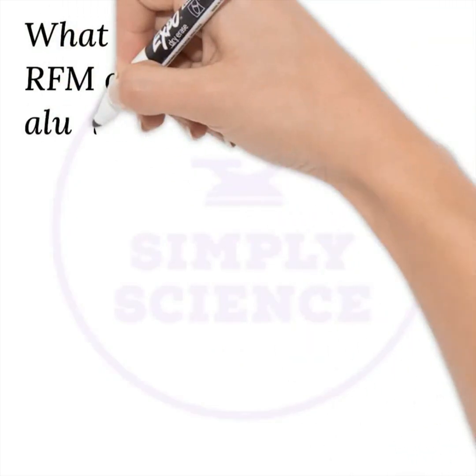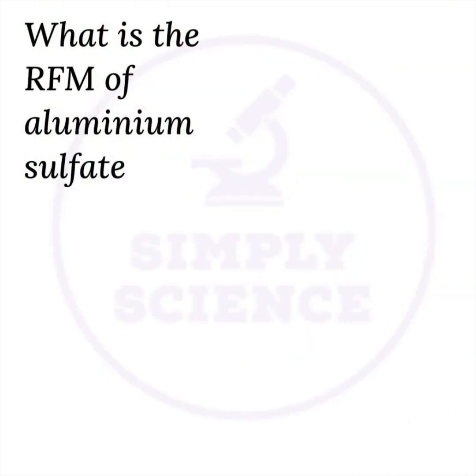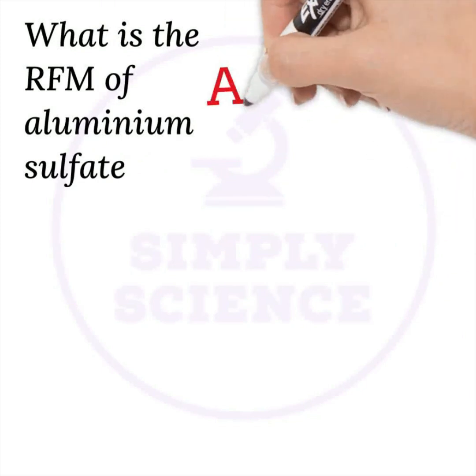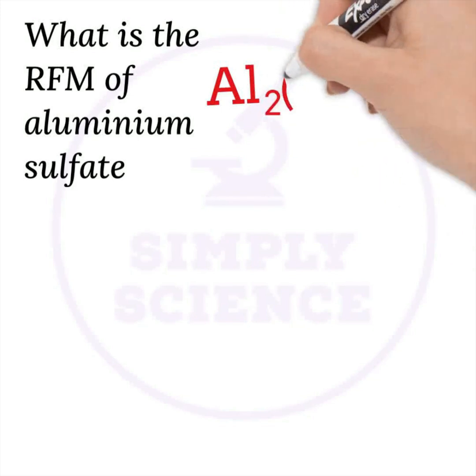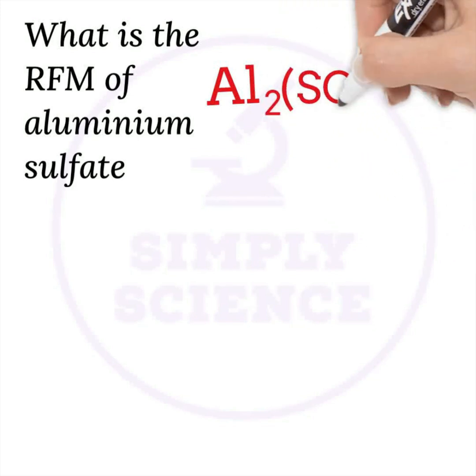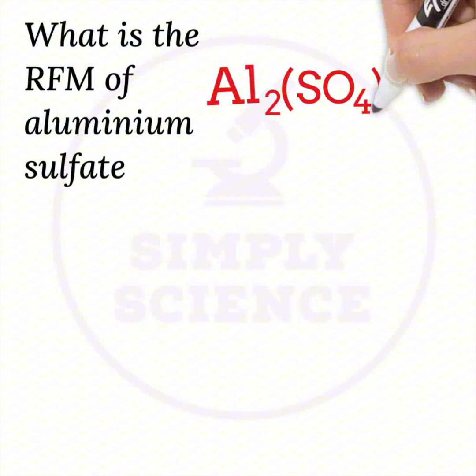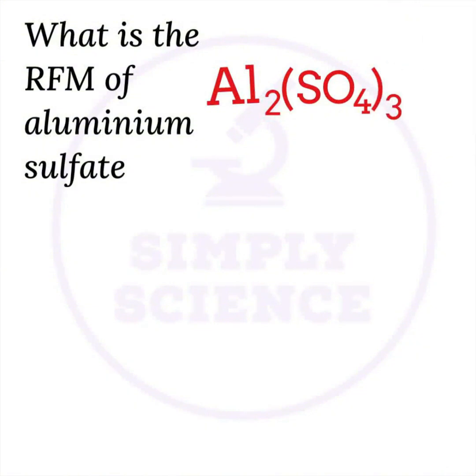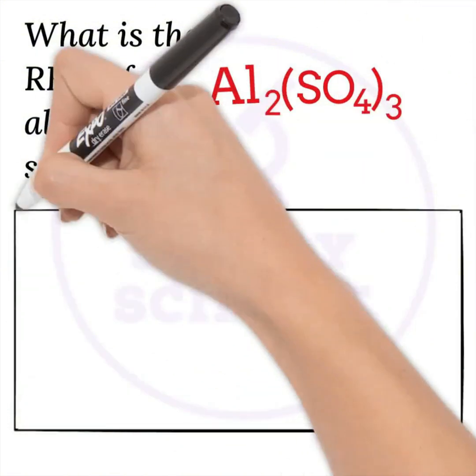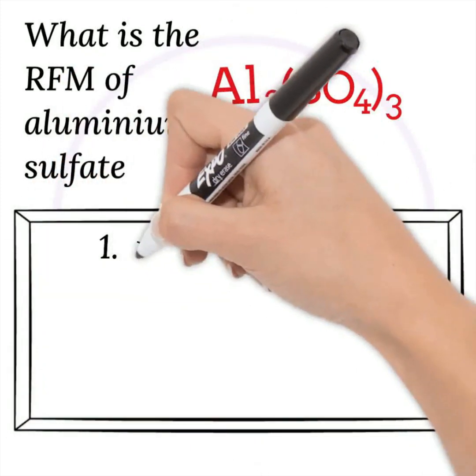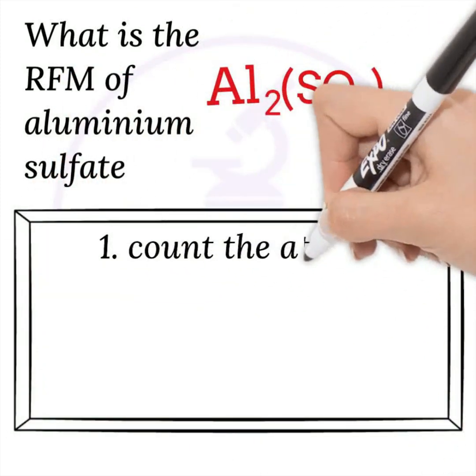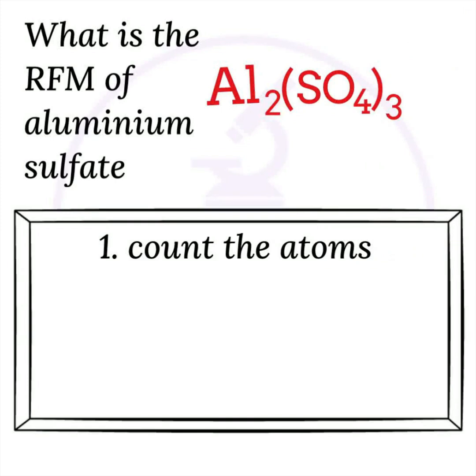What is the relative formula mass of aluminium sulfate? The formula for aluminium sulfate is written first, then the atoms of each element in the formula are counted. In aluminium sulfate, there are 2 aluminium atoms, 3 sulfur atoms and 12 oxygen atoms.